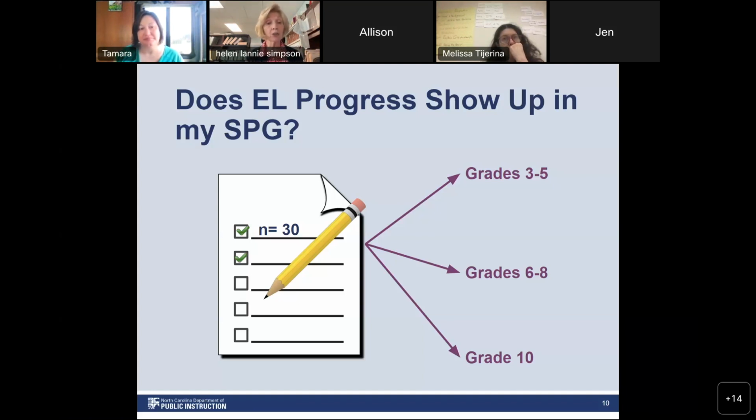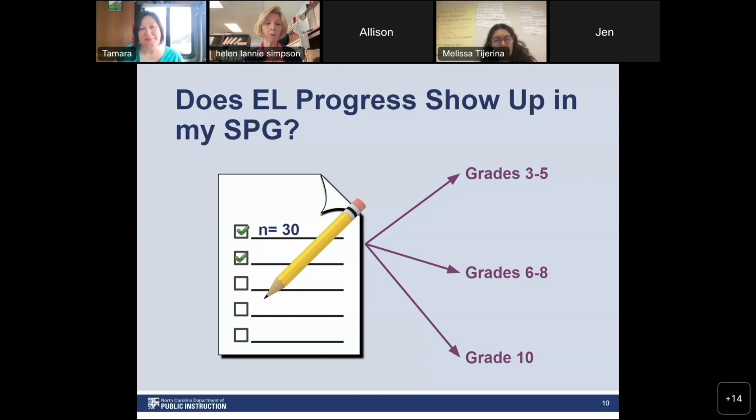In grades 6 through 8, it's the same. And then for high school, it's simply grade 10. So you have to have at least 30 students or more in grade 10 for that percentage of students to be funneled into that school performance grade.